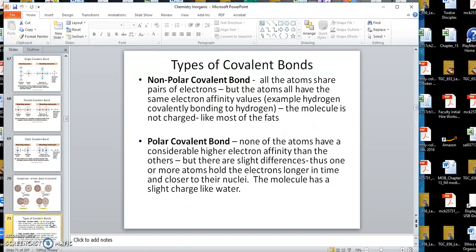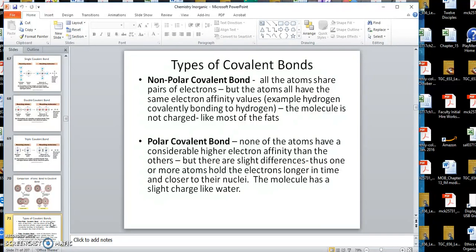The types of covalent bonds, okay? Remember I said that when two atoms come together and neither one is highly more electronegative than the other, but they can bond and satisfy each other, that they would share. Now, here's the situation. Assume that two atoms like oxygen and oxygen come together. They have equal electronegativities, like O2.